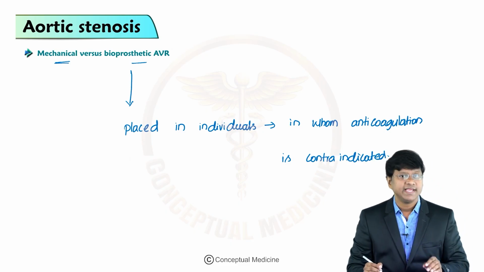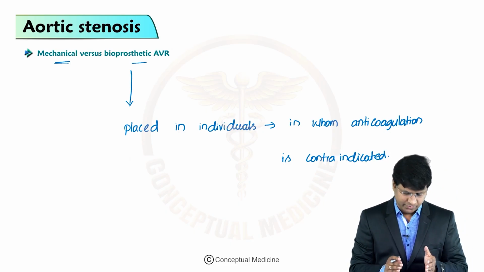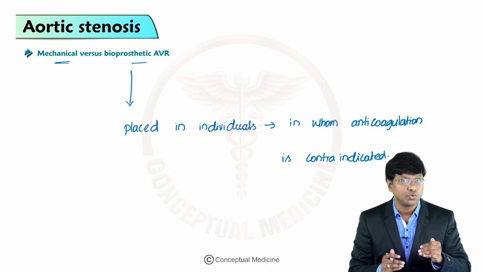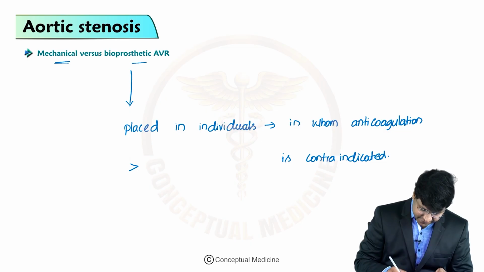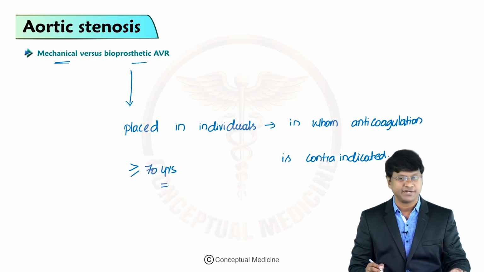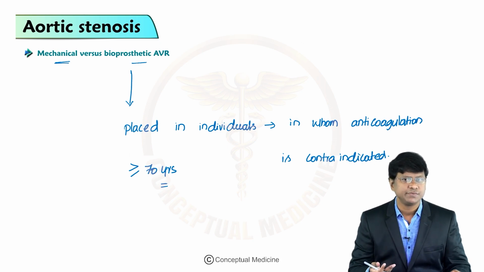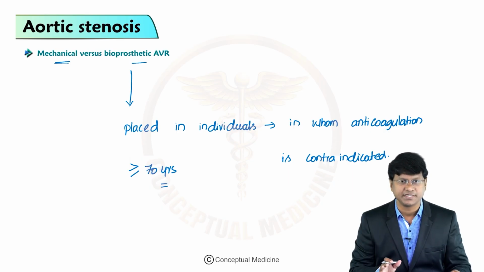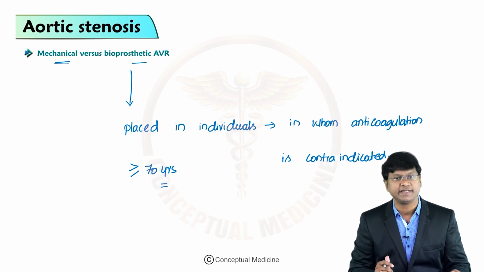In which group of individuals do we use bioprosthetic valves? It is preferred in patients over the age of 70 years. So for age more than or equal to 70 years, the preferred valve is the bioprosthetic valve, because in those individuals anticoagulant therapy is not indicated much, as there is a chance of bleeding tendencies.